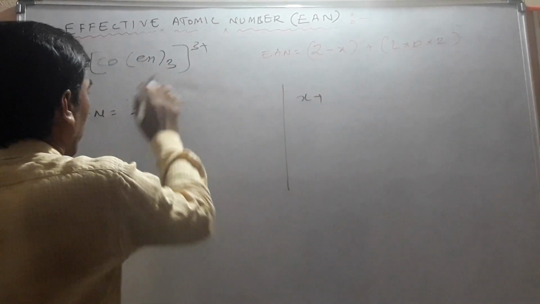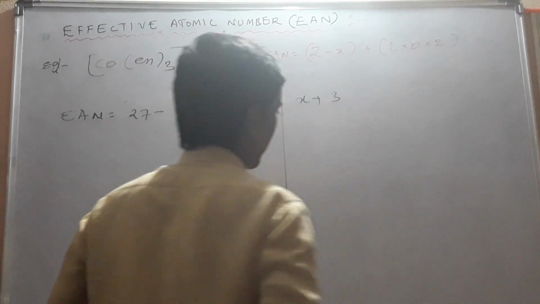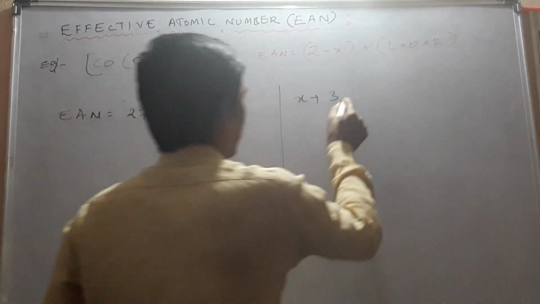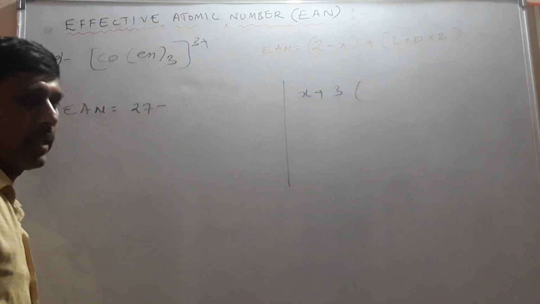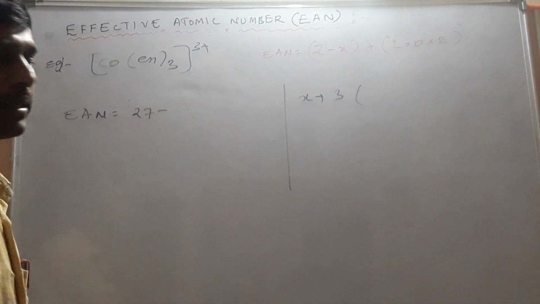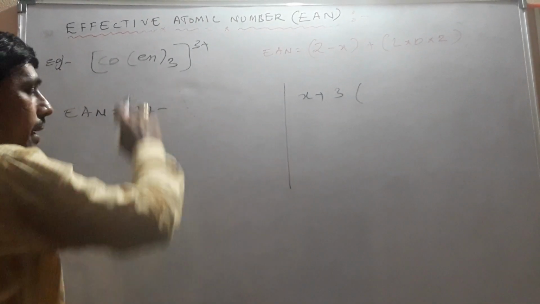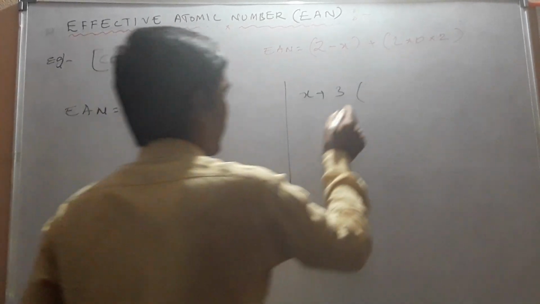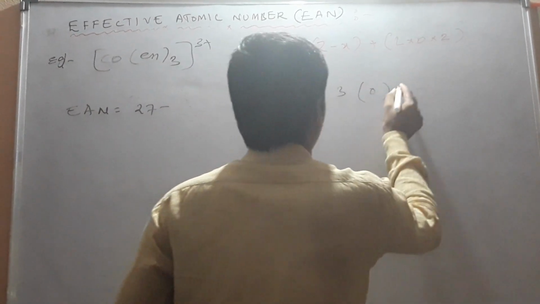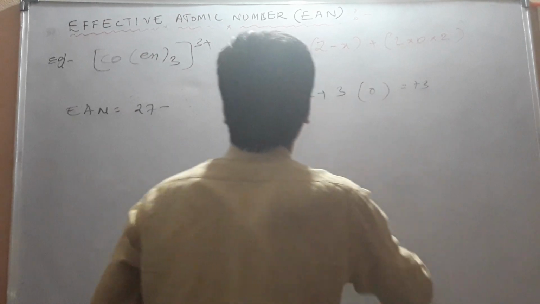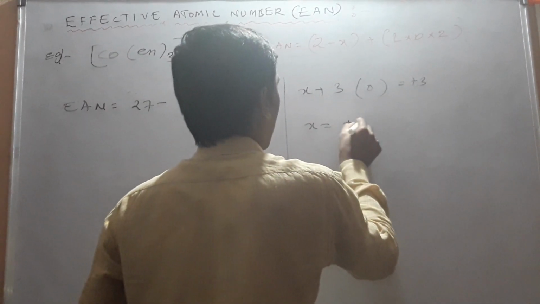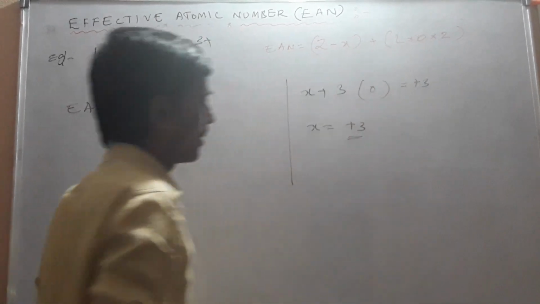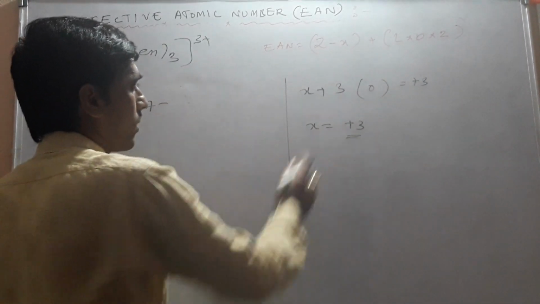How many ligands are there? Total 3 ligands are there. It is a bidentate neutral ligand. En means ethylene diamine ligands. These ligands are also bidentate neutral ligands. That's why we are using 0. Next, it is equal to plus 3 charge. Next, X is equal to plus 3. 3 into 0 means 0. That is X is equal to plus 3.